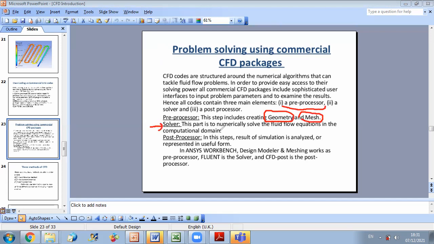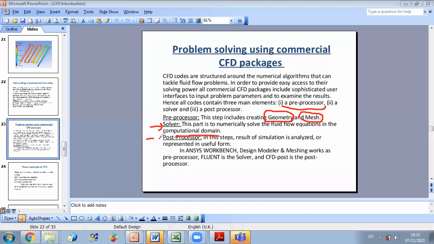This part consists of the numerical solution of the fluid flow equations in the computational domain. And you will specify using the interface of the software what are the numerical methods you want to use. So we will learn numerical techniques. In the course, you will learn numerical techniques. And in the lab, we will apply them.